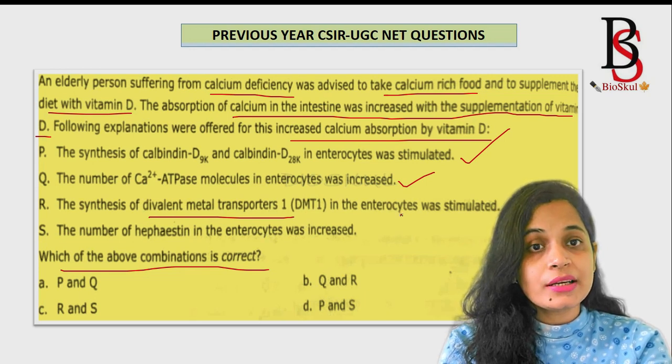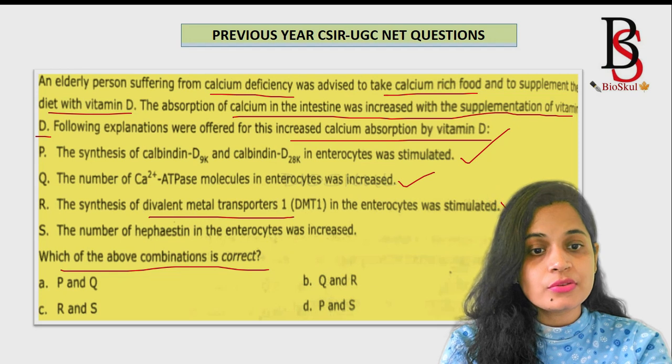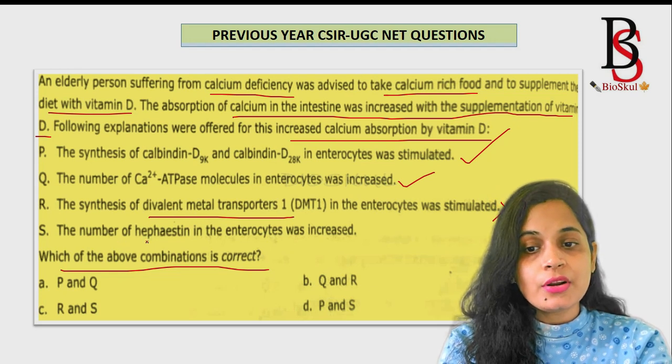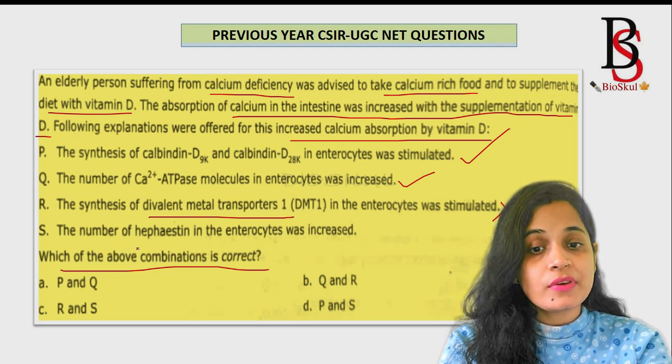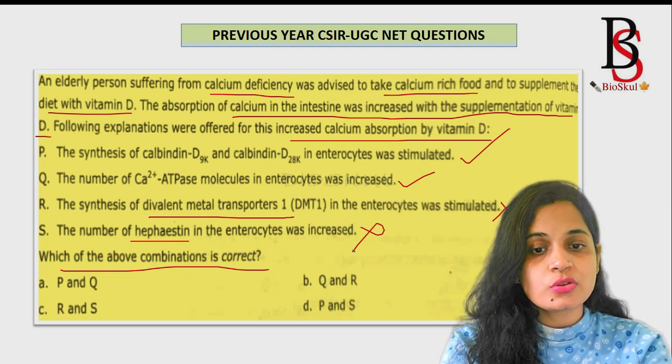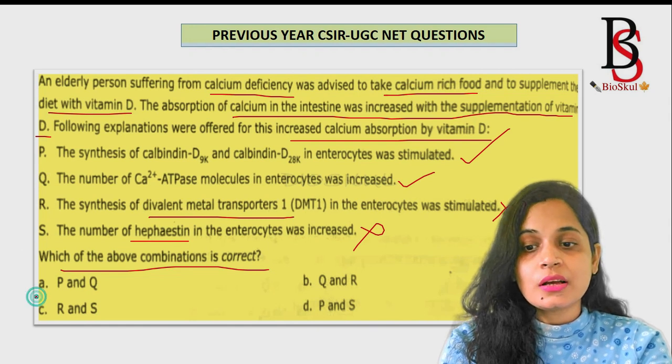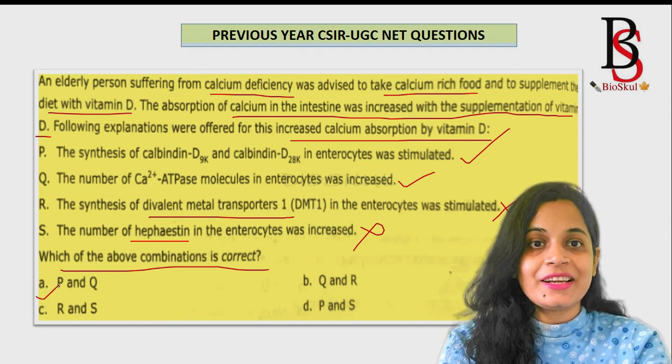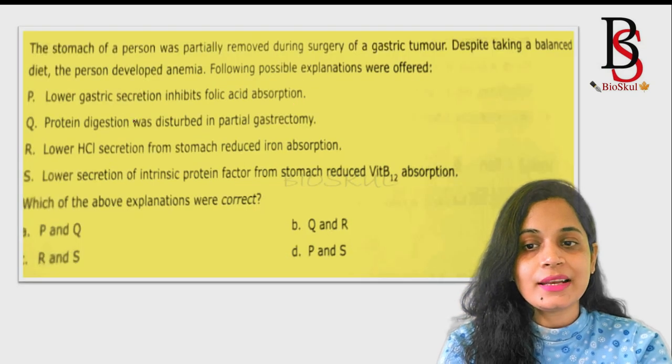DMT1 is required for the absorption of iron, so this one is wrong. The number of hephaestin in enterocyte was increased. We studied hephaestin; it helps in the conversion of the ferrous form to the ferric form of iron. So this one is also wrong. So the correct options are P and Q, so option A is the correct answer. Okay, the next question.